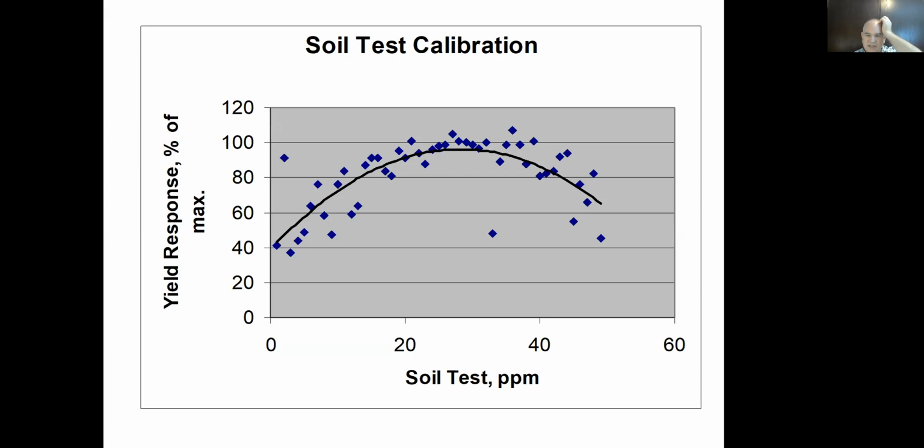Now, some soil tests for certain nutrients are going to look more like this one, where we get a pretty steep drop off fairly quickly. Phosphorus isn't really like that. I'm just showing this as a contrast. Some nutrients like boron or copper, even nitrogen, would be more like this. This is actually a nitrogen graph.